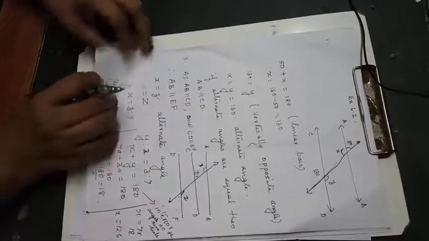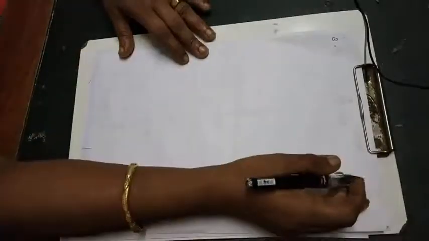Now let us discuss the third problem. In figure 6.30, if AB is parallel to CD and EF is perpendicular to CD and GED is equal to 126, you are asked to find out AGE, GEF, FGE. Okay, so two parallel lines are there.